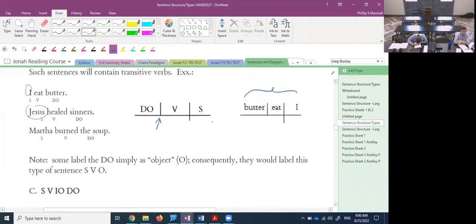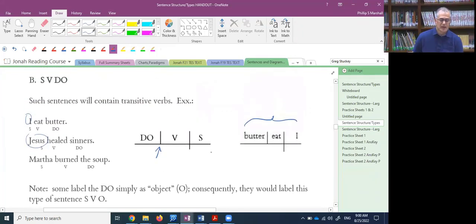Now, just a terminological comment here. For SVDO sentences, sometimes you'll see, if you're reading other people's works and they're talking about sentence types as well, or sentence patterns, type and pattern mean the same thing. But just to clarify one thing, sometimes I'll ask you what type of sentence we're looking at, and what I mean by that is not what sentence type, like SV, SVDO, that sort of thing, but rather, is it a verbal clause or is it a verbless clause?